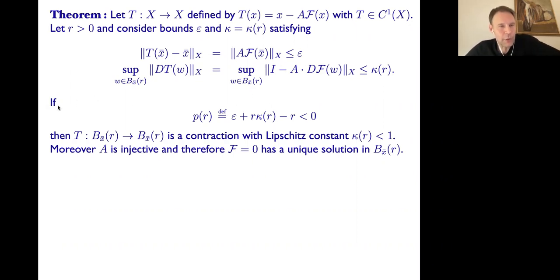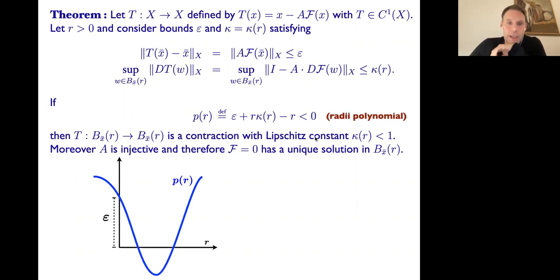So the theorem says that if epsilon plus r times kappa of r minus r is negative, then T is a contraction with Lipschitz constant kappa of r less than 1. And therefore, by the Banach fixed point theorem, or the contraction mapping theorem, F has a unique 0 in the ball.